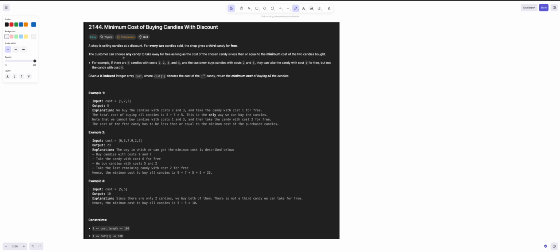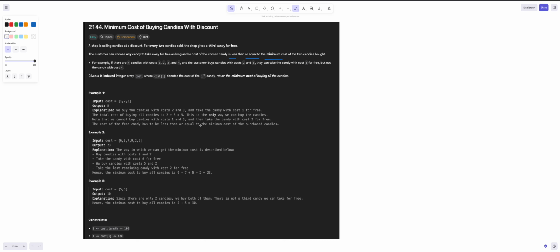Okay, a customer can choose any candy to take away for free as long as the cost of the chosen candy is less than or equal to the minimum cost. Alright, so in here we can buy the candy with the cost of 2 and 3 and take the candy with cost of 1 for free.